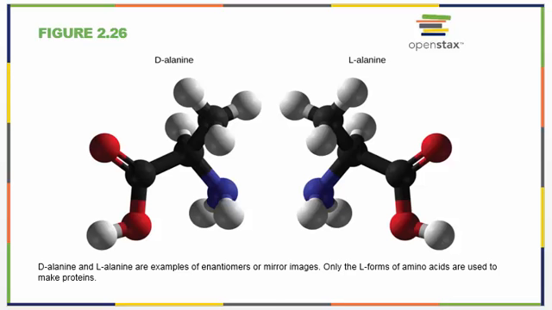Seen here is the amino acid alanine. The 2 structures are non-superimposable because there's a D form of alanine and an L form of alanine. In nature, the L forms of amino acids are used to make proteins. The D form of the amino acids are seen in cell walls of bacteria, but can never be part of their proteins.